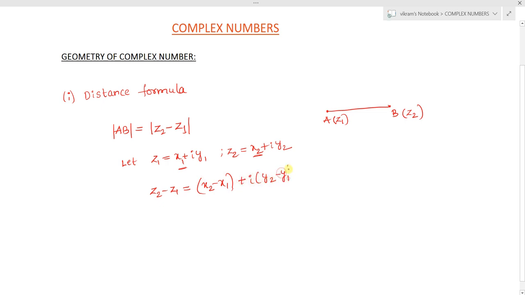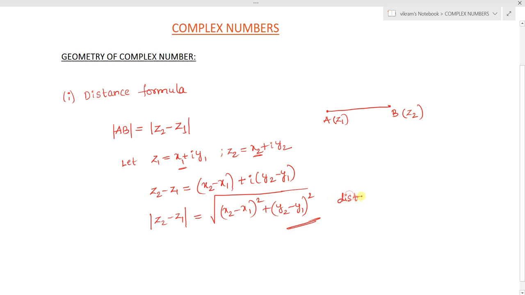The modulus of z2 minus z1 is the square root of (x2 minus x1) whole square plus (y2 minus y1) whole square, which is nothing but the distance between the two points.